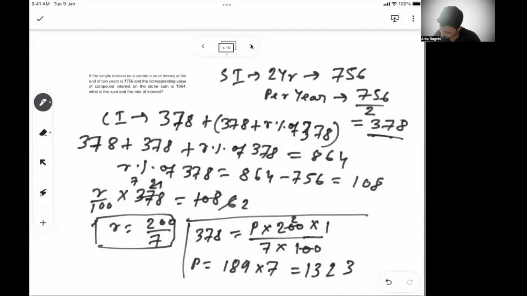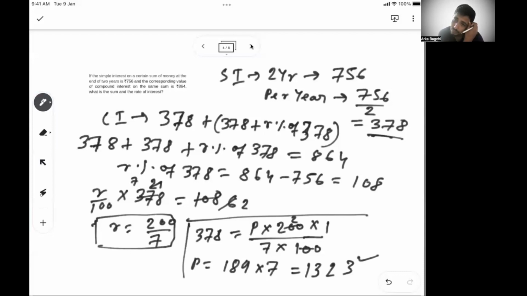Just give me a minute, let me check if I'm doing it right. Yeah. So your rate of interest is 200 by 7, and your principal is 1323 rupees. Okay, so that's what we calculated.